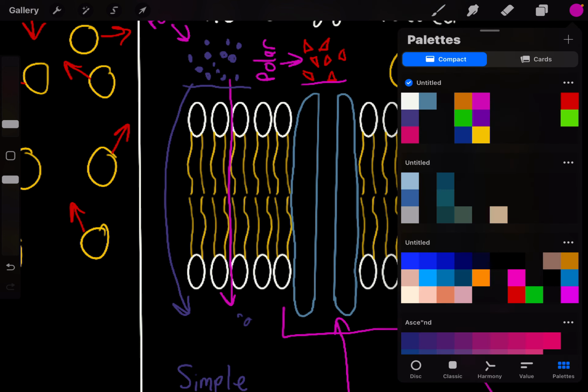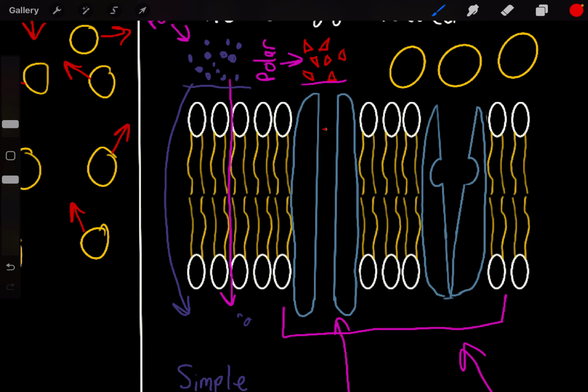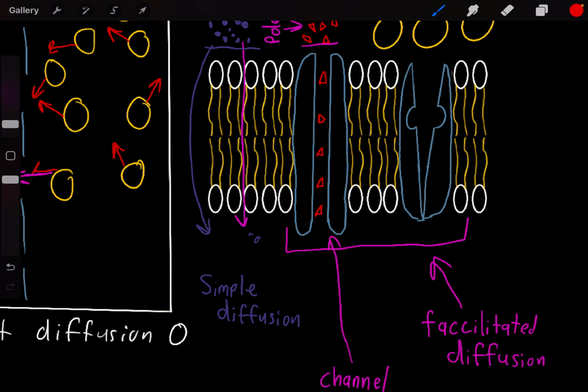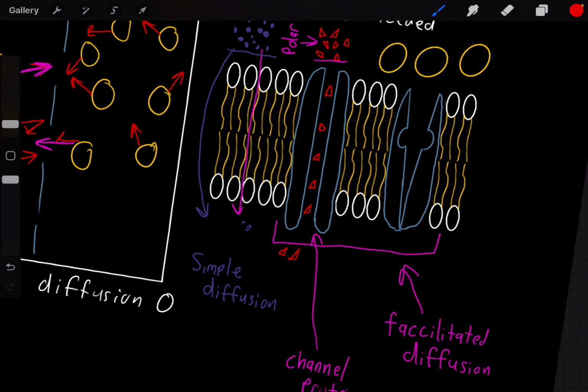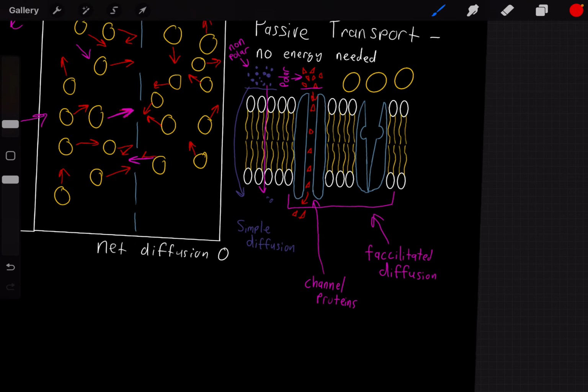Theoretically, they could just go down this gradient and eventually end up here. Again, the concentration is high to low. That doesn't change for passive transport. So they'll go down this path and end up on the inside using the channel proteins.